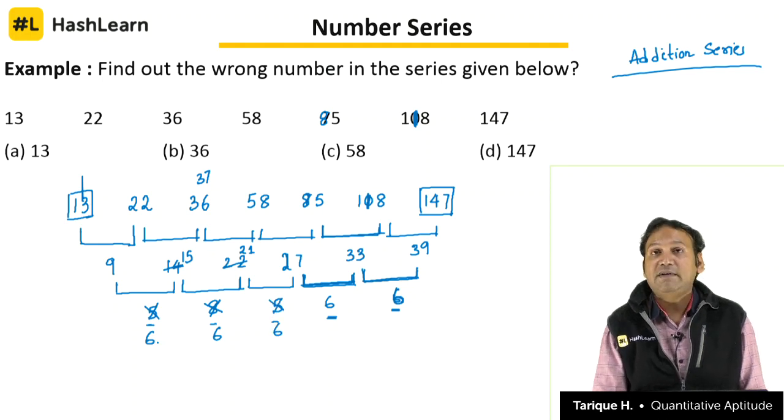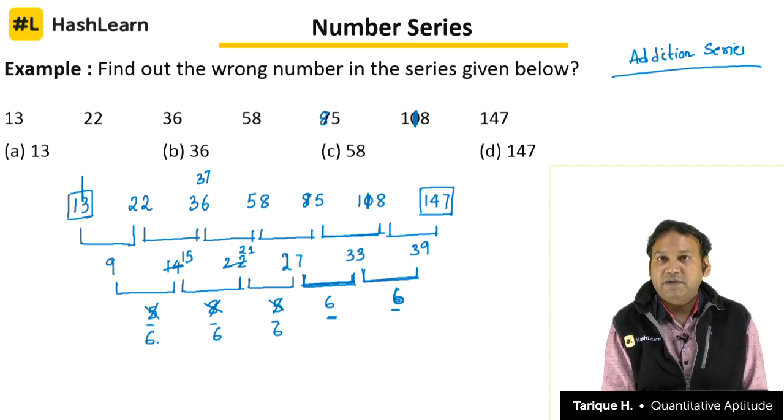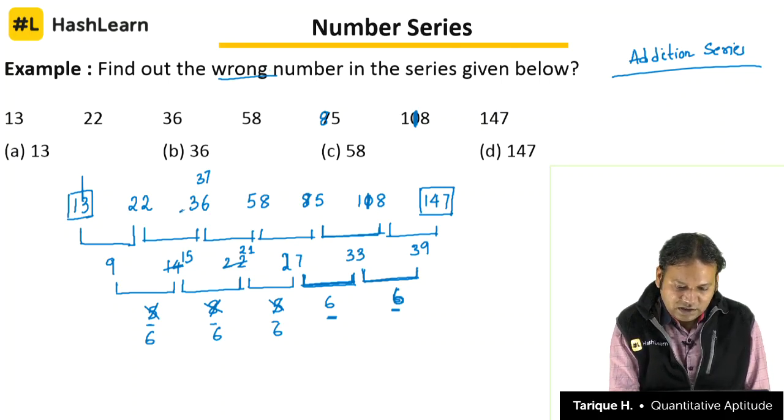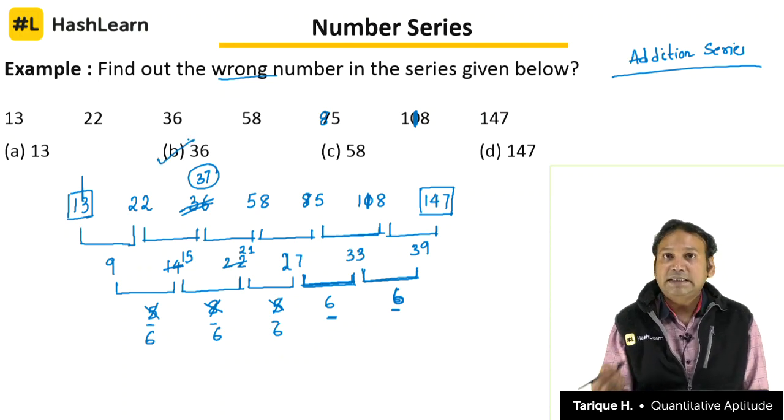So the entire series will become a constant difference of 6, and that will be perfectly right according to the given question that one number is wrong. So which number is wrong? The number that was wrong is 36. This number should be 37. If you make this 36 as 37, then the entire series will become correct.